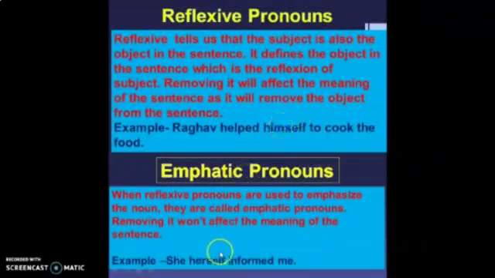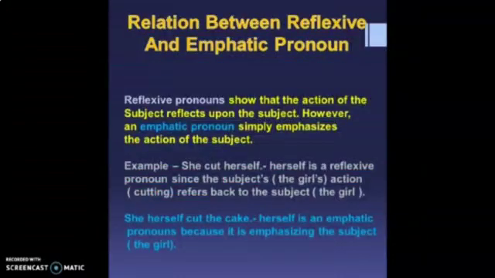But here, if we remove it, it won't affect. Like, she herself informed me. If we remove herself, it will be, she informed me. So the meaning will be the same. But in reflexive, if we remove the pronouns, then it will affect.